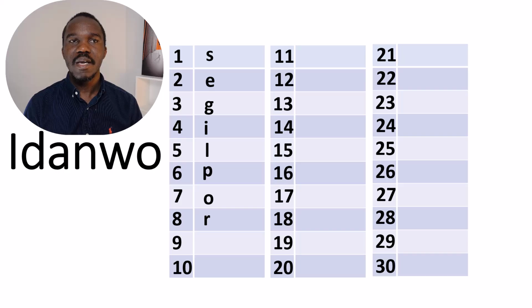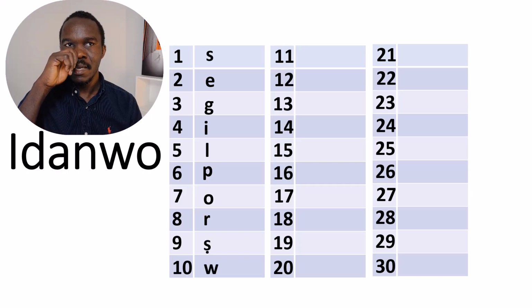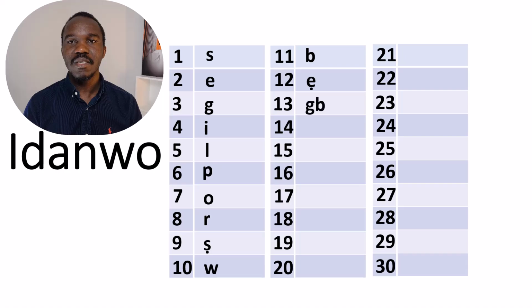Nine says Shi. Ten says We. Eleven says B. Twelve says E. Thirteen says B. Fourteen says G.